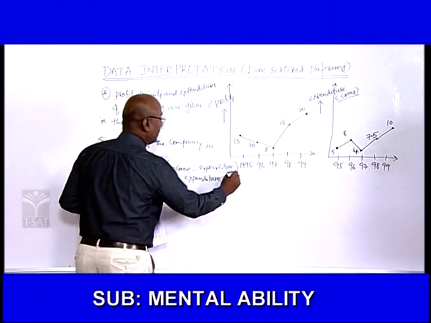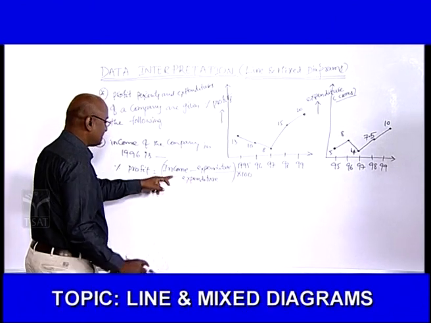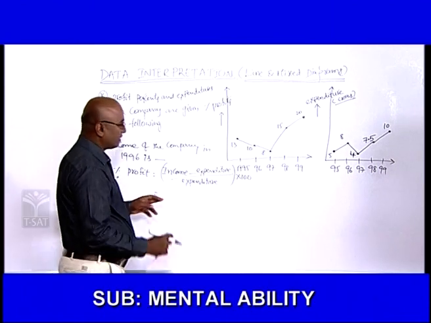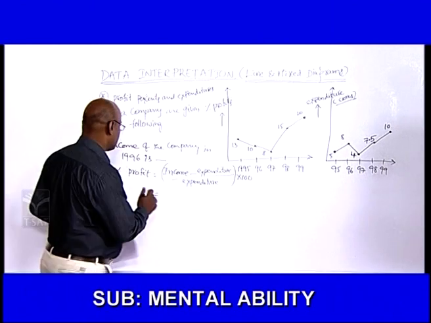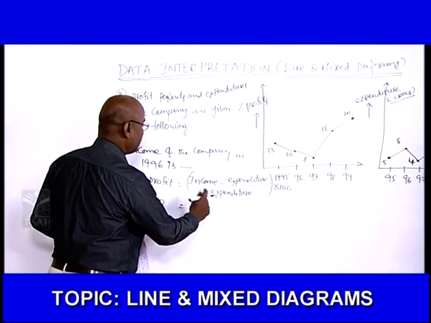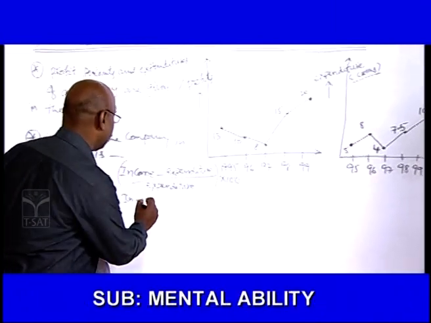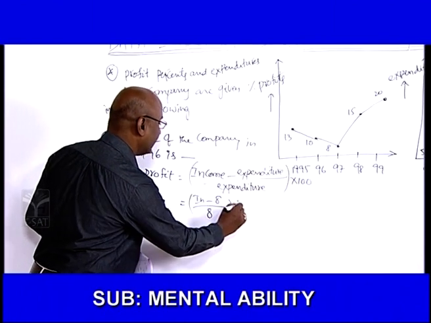In the year 1996 we don't know income. That is what we have to find out. Percent profit in the year 1996 is 10%. So 10% is equal to income minus expenditure in the year 1996, which is 8 crores. Income minus 8 by 8 into 100.